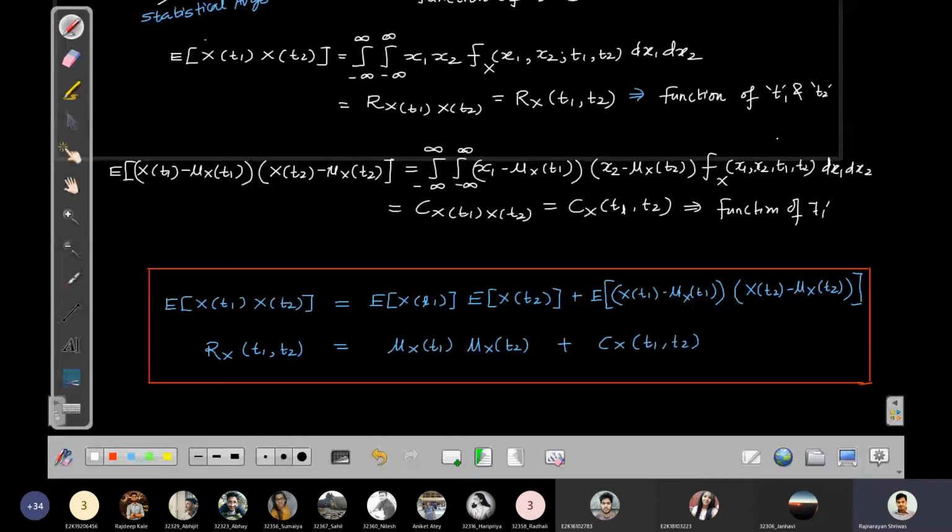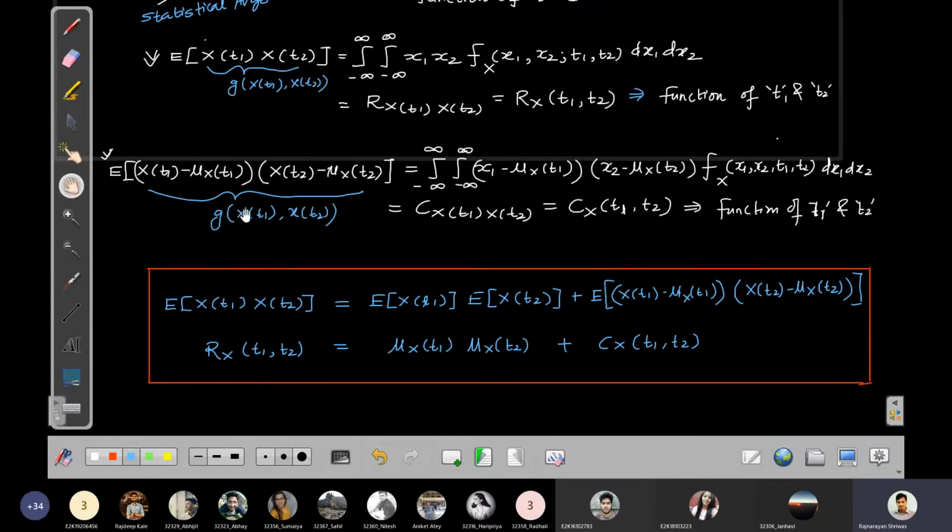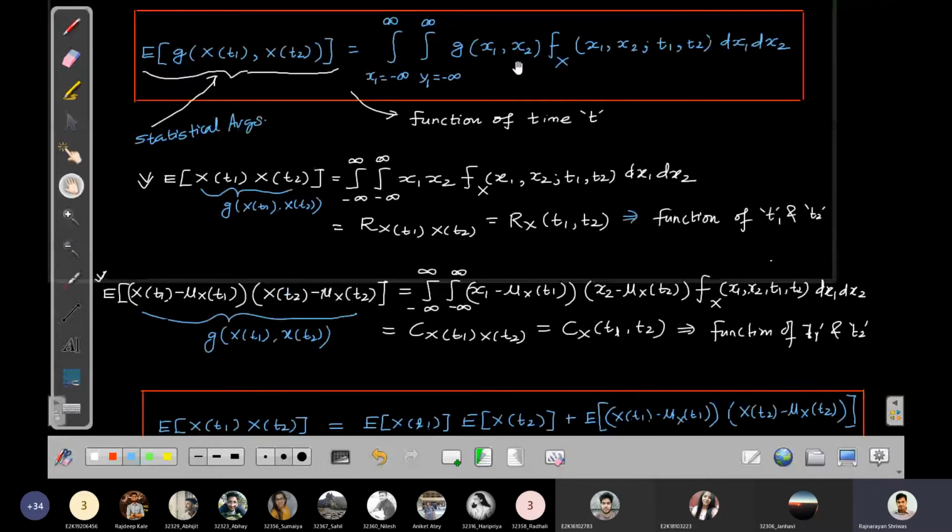But I can define so many functions of xt1 and xt2. So these are only two functions that we need to read that will suffice our analysis. This is one kind of example of g(xt1, xt2), which simply uses this formula, right?